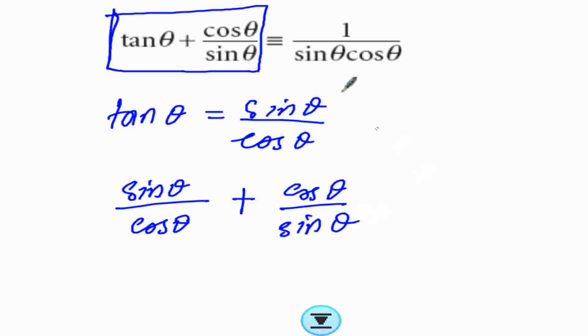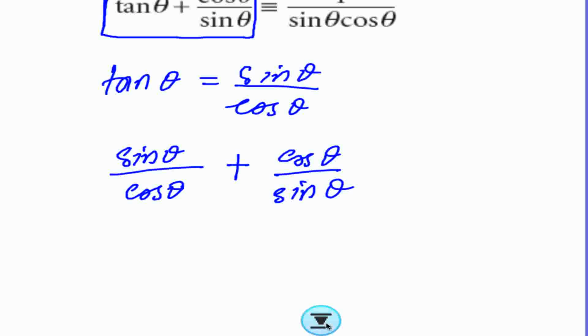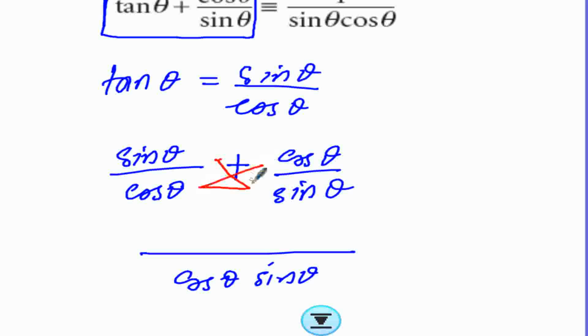Then we're going to make a single fraction, by getting the LCM of what we have. So the LCM of cos theta and sin theta is cos theta sin theta.